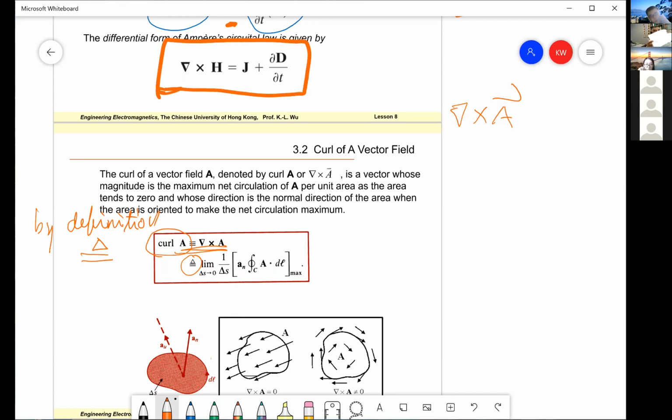I have a dot, and I define a circle C, which also has a direction.